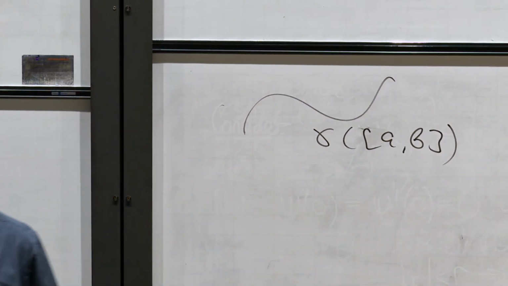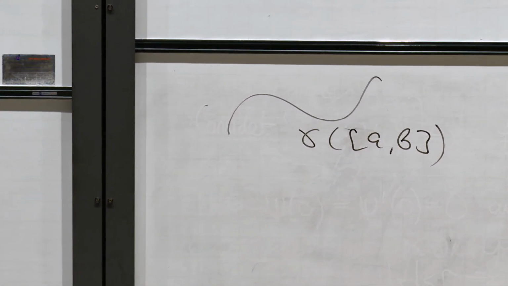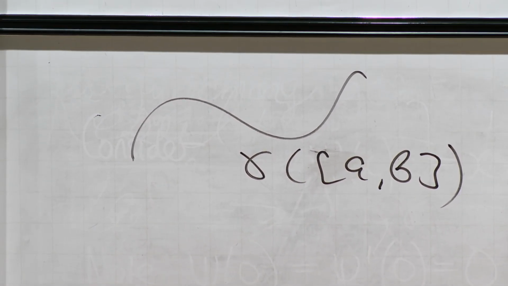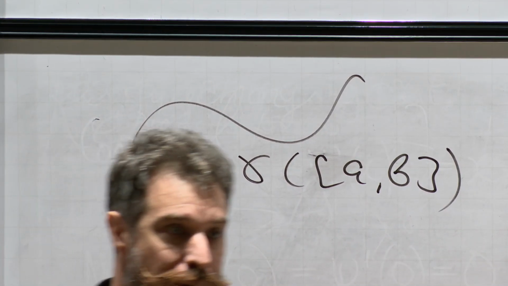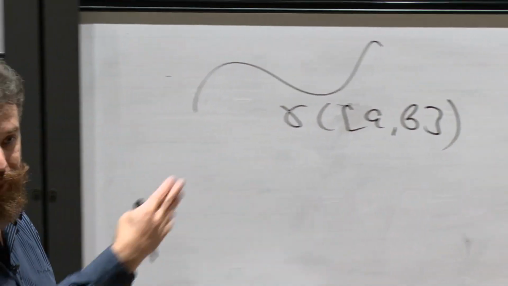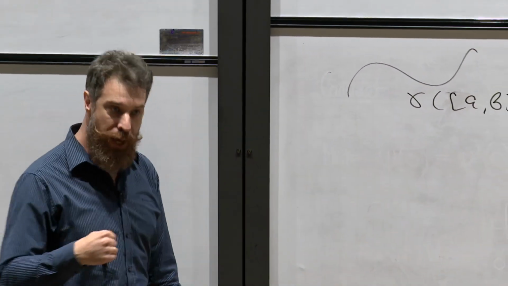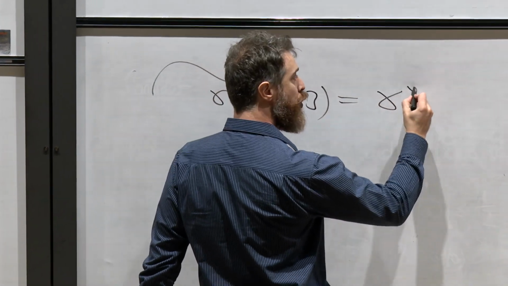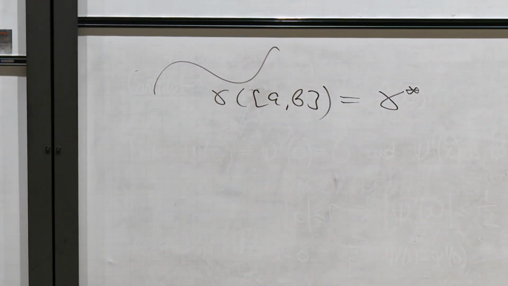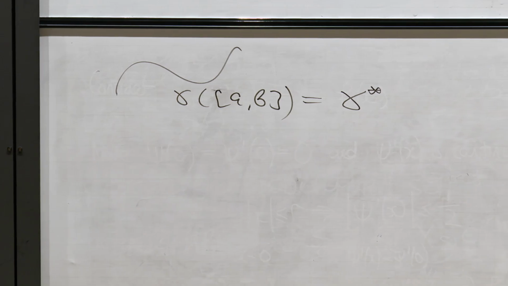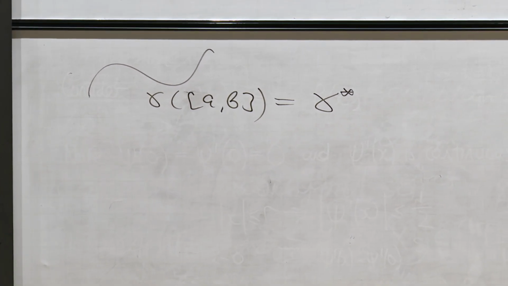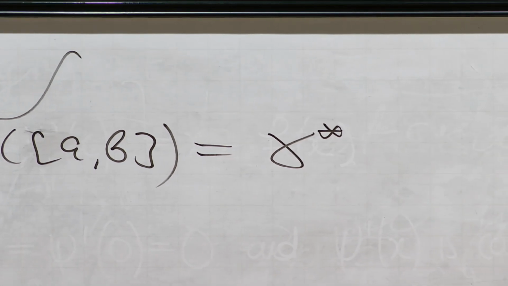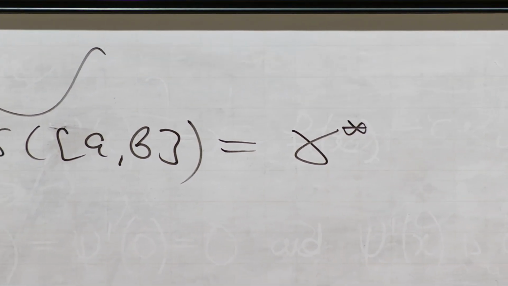This image is also called path or a curve, which might be confusing, but usually it's clear from context what we mean, function or its image. Sometimes it's really important to make a distinction, and then I will use this notation. So gamma star means the image of this interval.